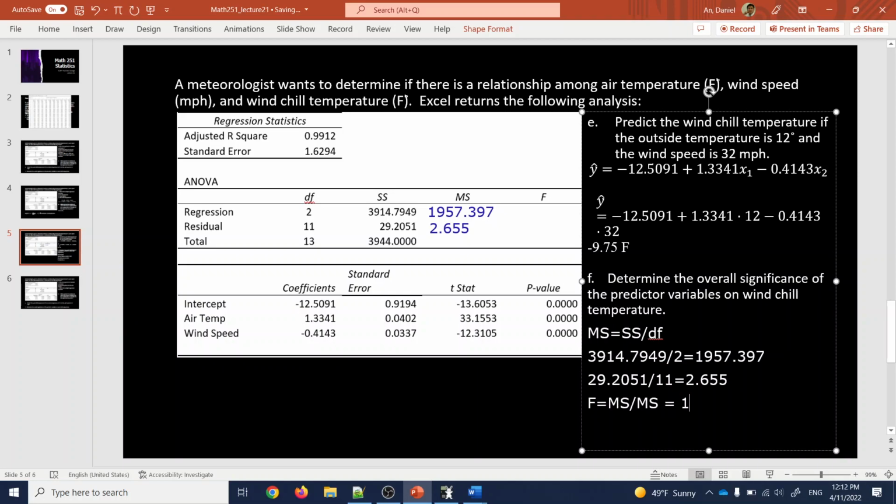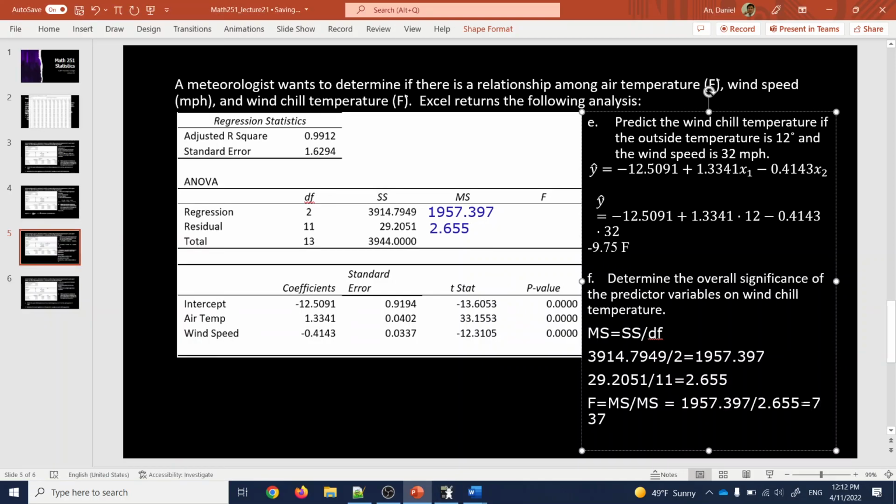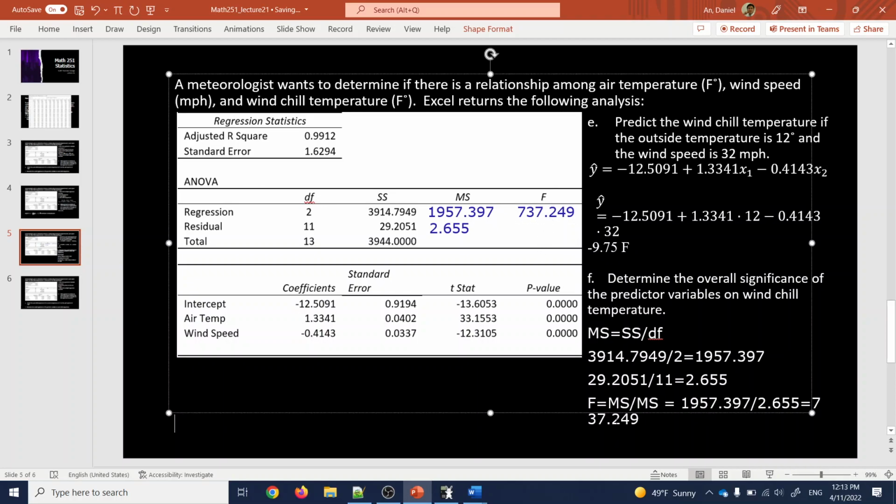So it's 1957.397 over 2.655, and the F value is therefore 1957.397 divided by 2.655, and that gives you 737.249. Let me copy that over here as well.